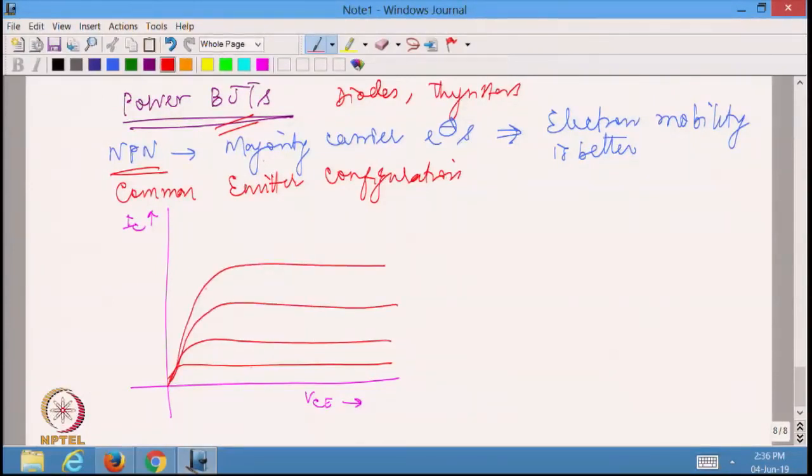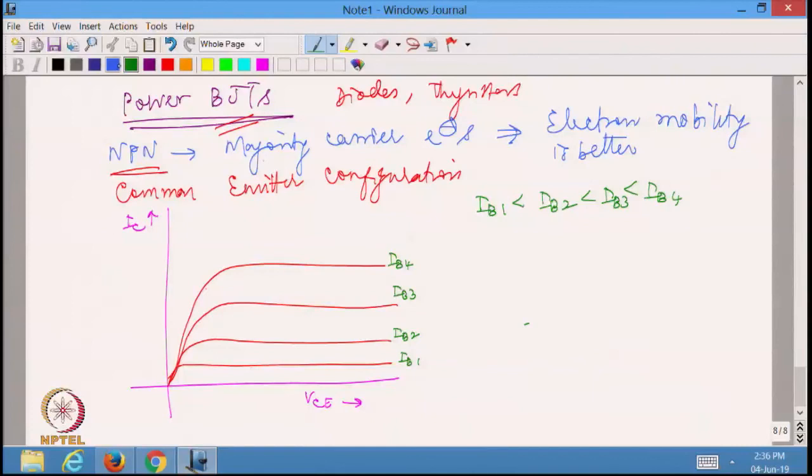Let me call this IB1, this corresponding to IB2, this to IB3, and so on. Very clearly the collector current is increasing as the base current moves from IB1 to IB4. So, IB1 is the least, then IB2, IB3 and IB4.